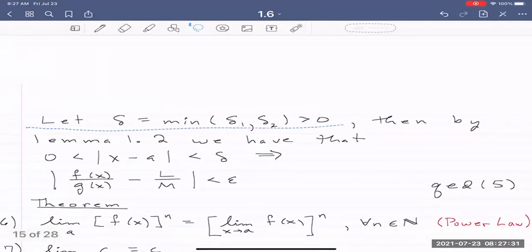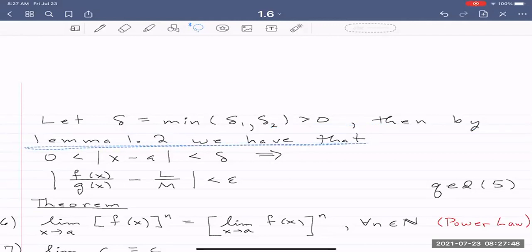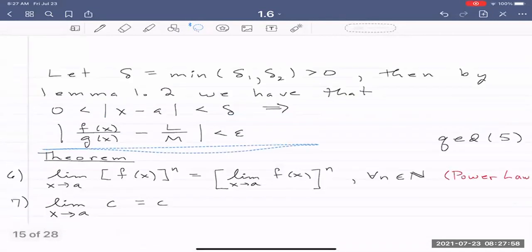Let delta equal the minimum of delta 1 and delta 2. Since both delta 1 and delta 2 are greater than 0, then delta is greater than 0. And so by the second part of the lemma, we have that x minus a in absolute value between 0 and delta implies that f of x over g of x minus L over m in absolute value is less than epsilon.